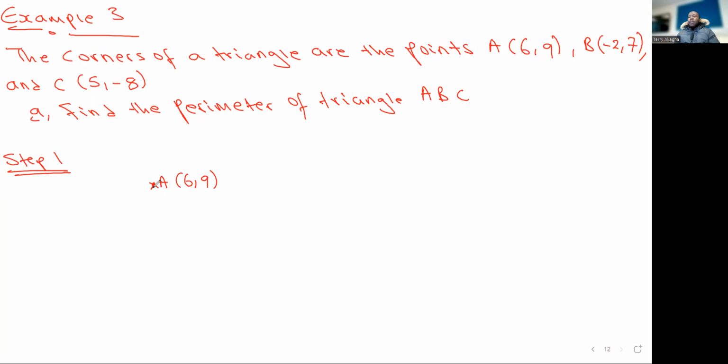Then point C. Remember, this is not drawn to scale, okay? Let's say point C, we are having it at 5 and -8. And point B, we're having at -2 and 7, okay? So this is the triangle A, B, and C, all right?